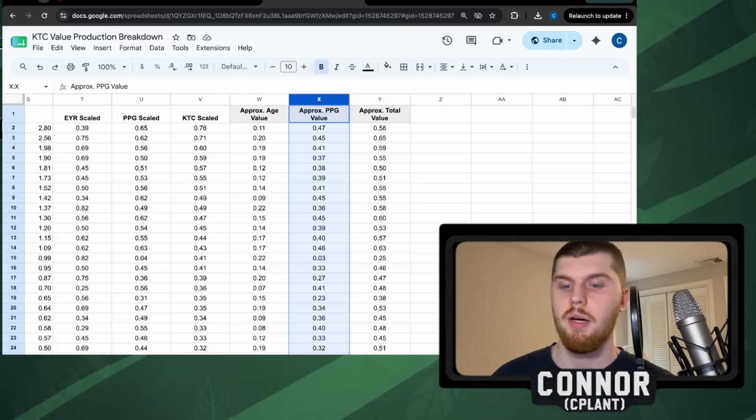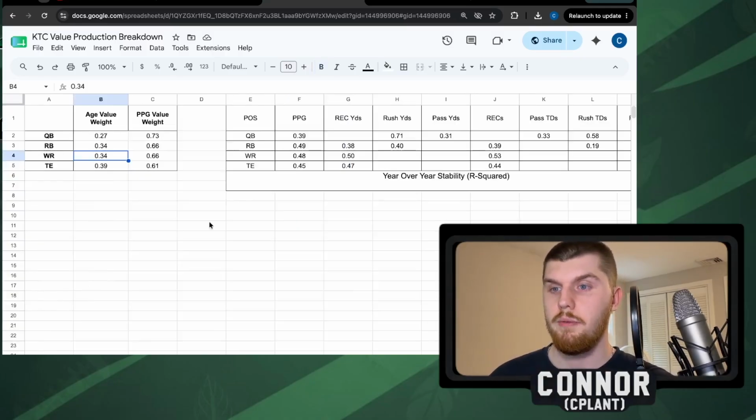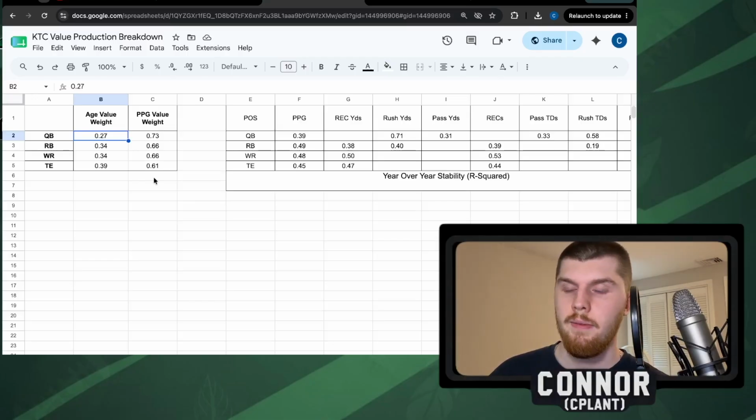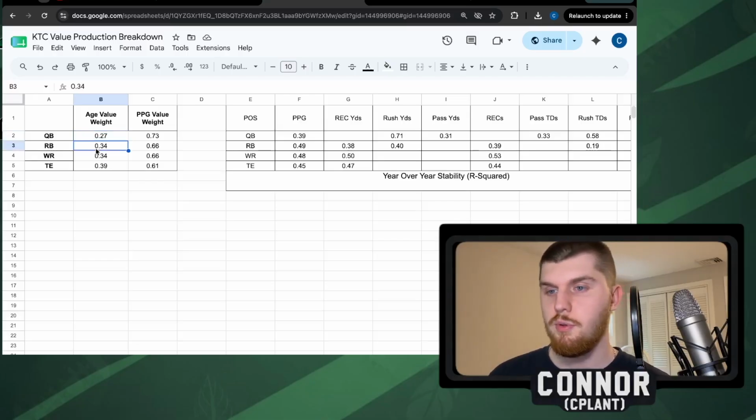I trained a different model on each position, but we have about a 27% weight on age value for quarterbacks, and then 73% on points per game value. And we have about 34% age value for running backs and receivers, and about a 66% points per game value for running backs and receivers as well. And it's somewhat similar for tight ends, as you can see.